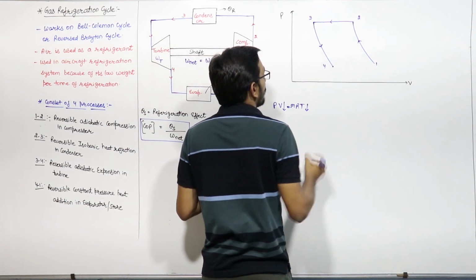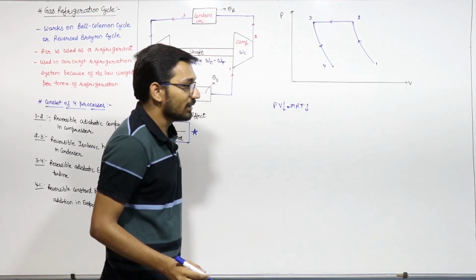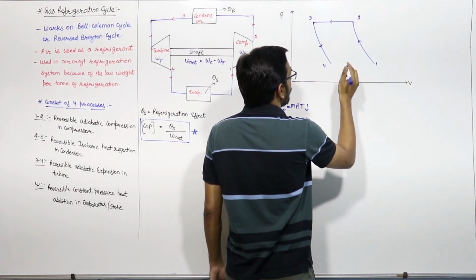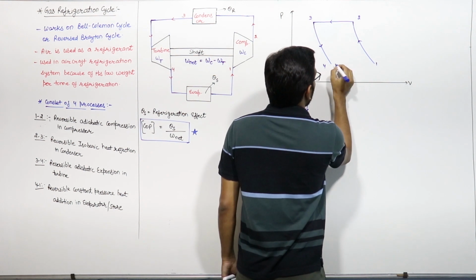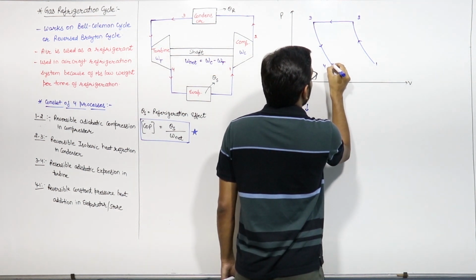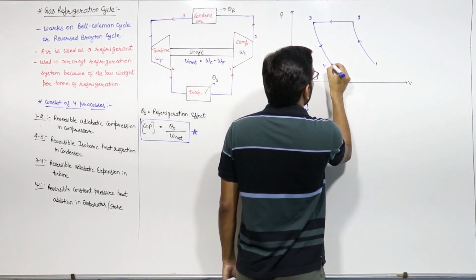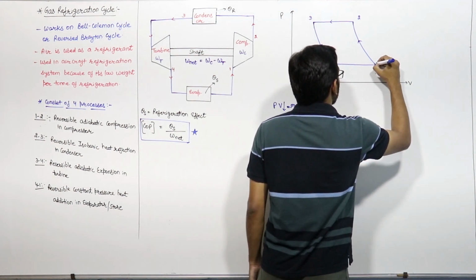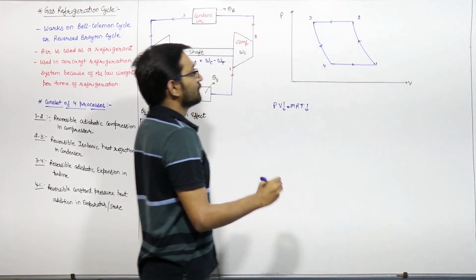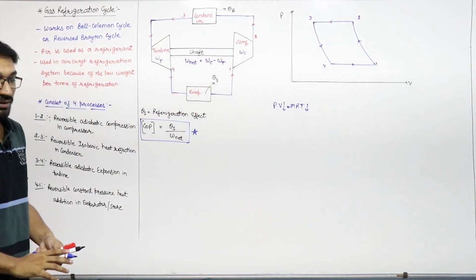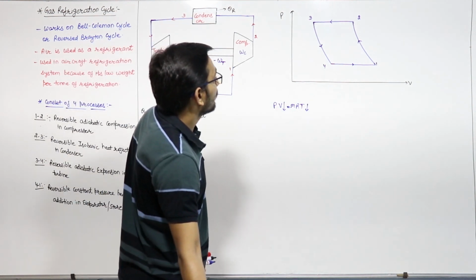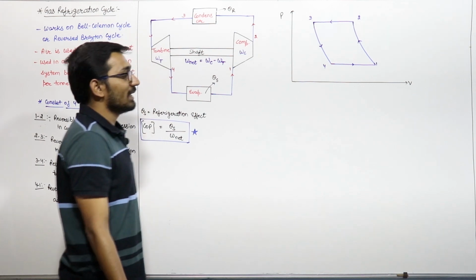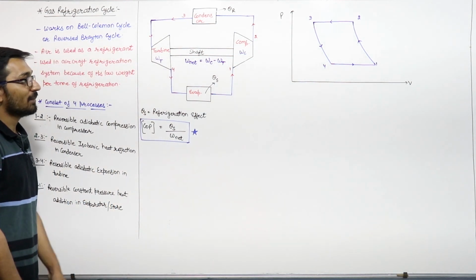This is 3 to 4. And 4 to 1 is isobaric heat addition. If heat is added, then volume will increase. This is process 4 to 1. So this is your concept of the PV diagram for this reversed Brayton cycle.